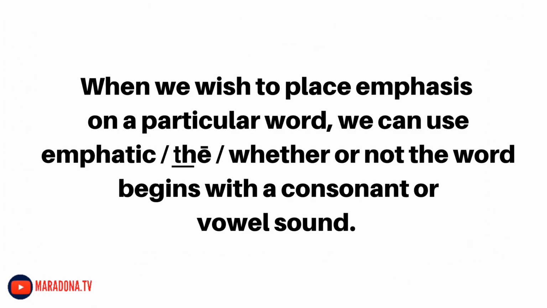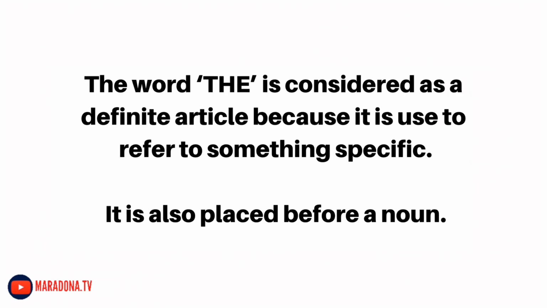When we wish to place emphasis on a particular word, we can use emphatic the, whether or not the word begins with a consonant or vowel sound. The word the is considered as a definite article because it is used to refer to something specific. It is also placed before a noun.